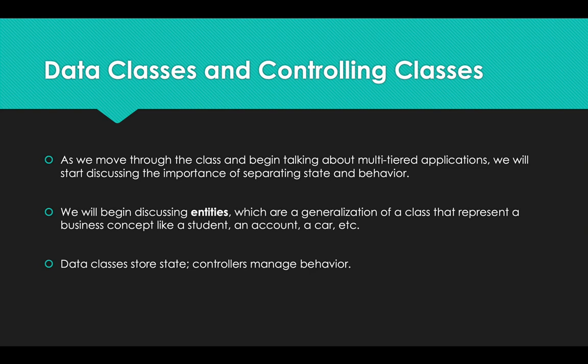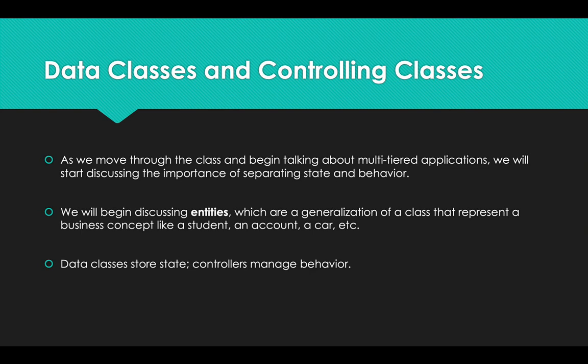When I say entity, I mean a generalization of a class that represents a business concept. We were talking previously about a bank account, for example. Bank account could certainly be a class, but there could also be services that implement the behavior of what a bank account can actually do. There could also be persistence components that save a bank account's current state to some deep storage somewhere, a database or a file system.